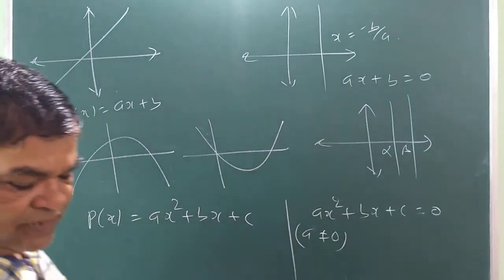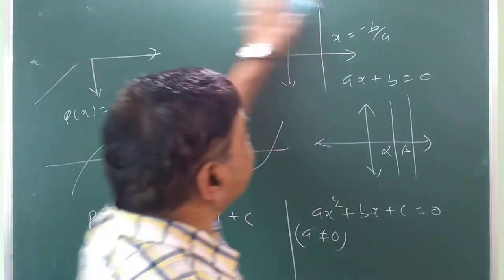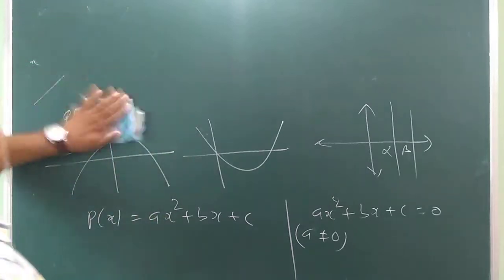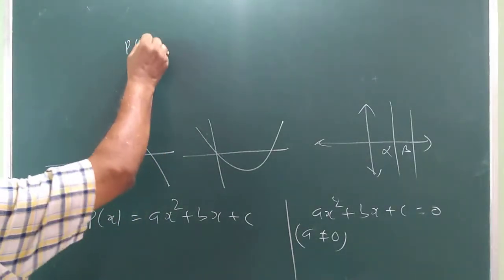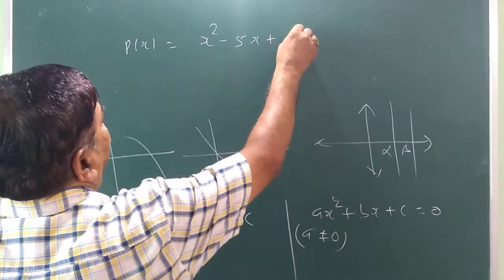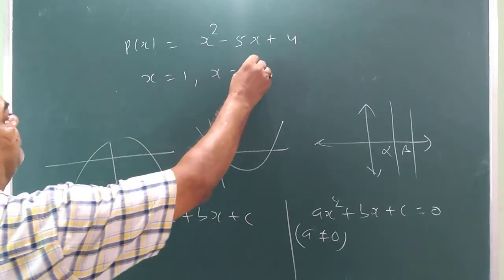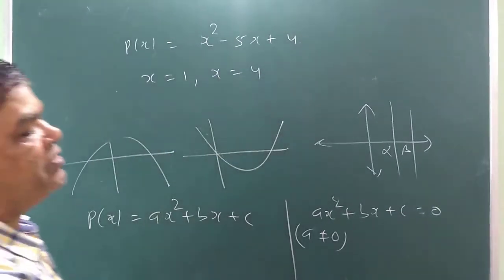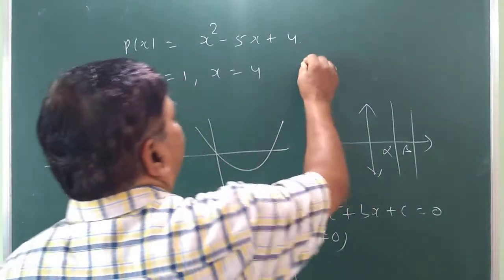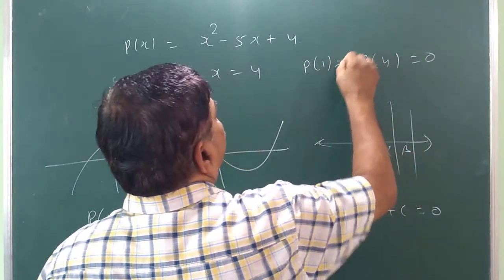So what is a root and what is a zero? Suppose I am writing here p(x) is equal to x square minus 5x plus 4. If you take the value of x as 1 or the value of x as 4, so p(1) and p(4) become 0.